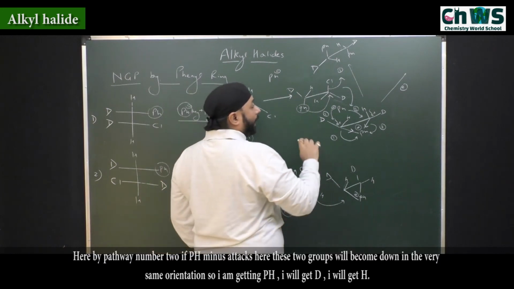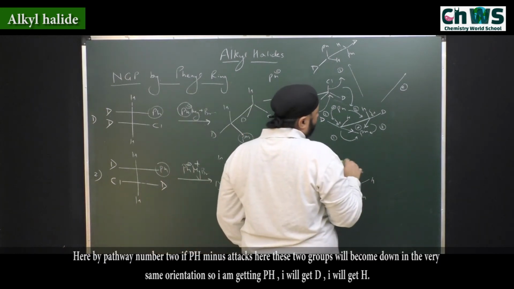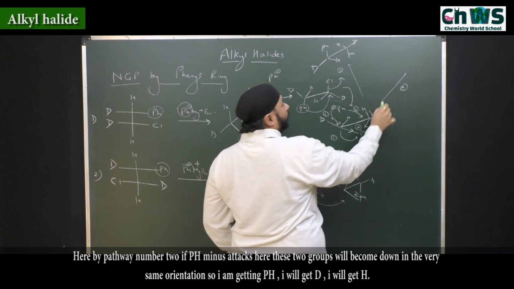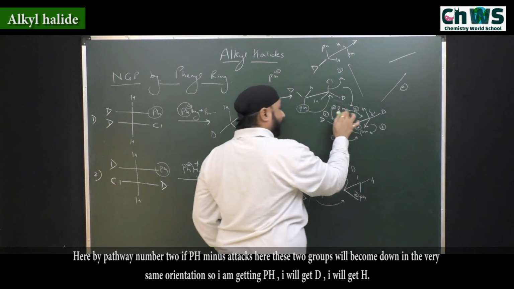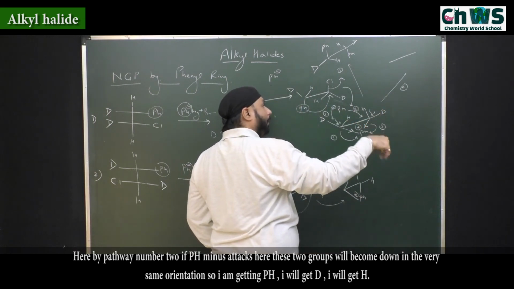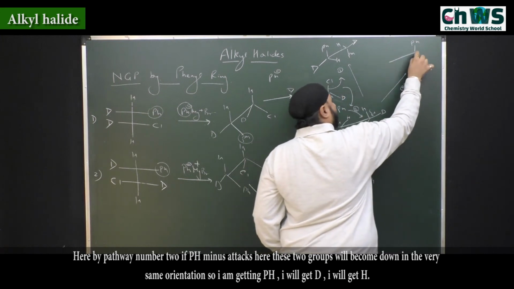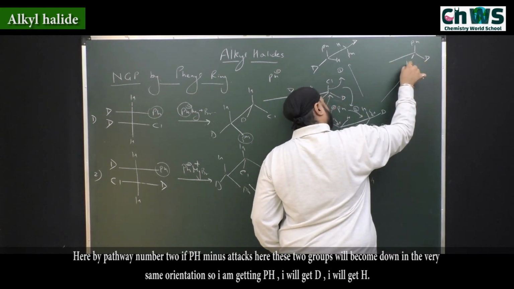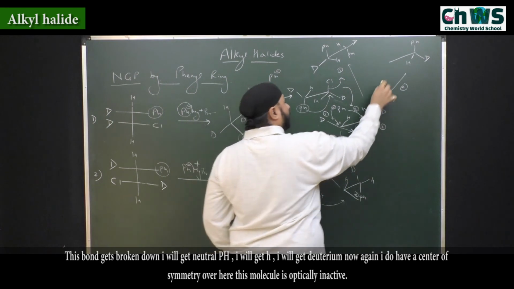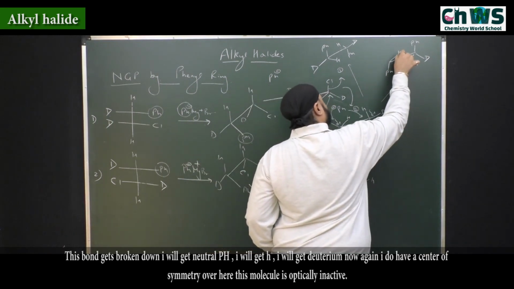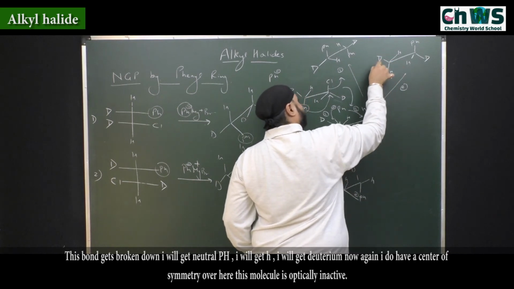Here by pathway number 2, see what I'll get. If Ph minus attacks here, these two groups will become down in the very same orientation. So I'm getting Ph, I'll get D, I'll get H. This bond will get broken down, I'll get neutral Ph, I'll get H, I'll get deuterium.